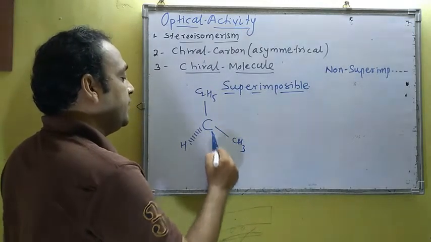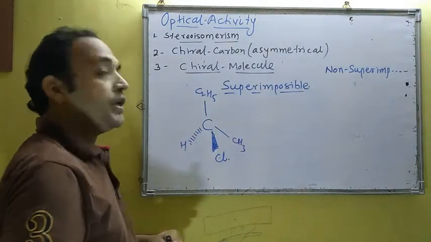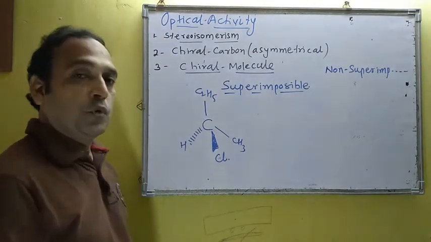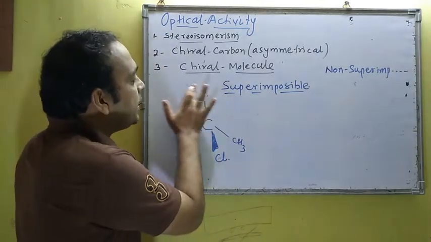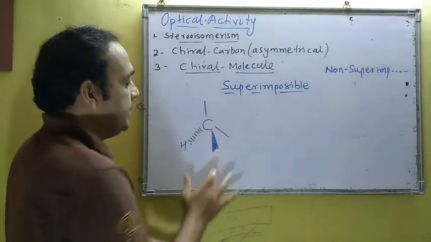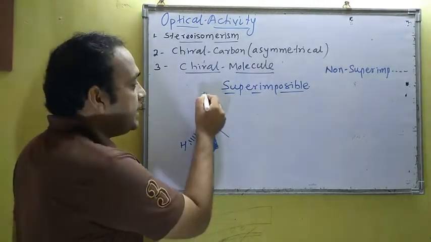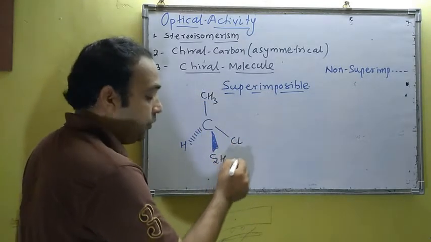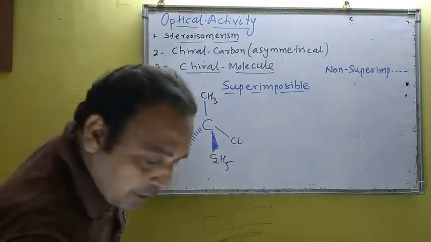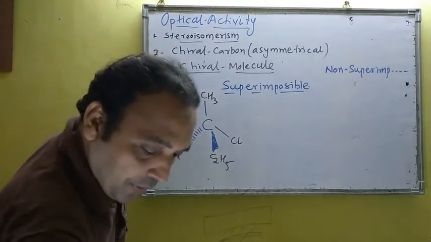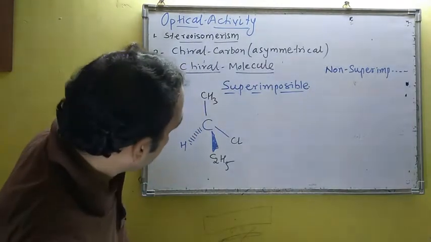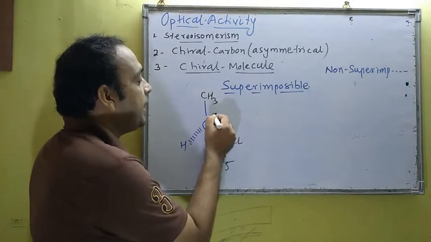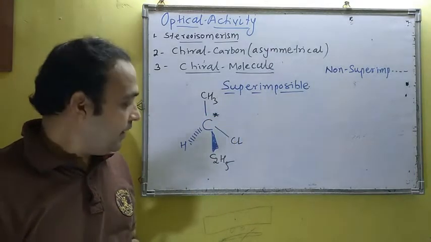This example is the stereo structure of 2-chlorobutane, or we can also arrange this structure in this way. See here, this one is your CH3, this one is your Cl, and this one is your C2H5. Now this is the stereo structure of 2-chlorobutane, and in this structure this carbon is the asymmetric or chiral carbon, and it is represented by an asterisk.